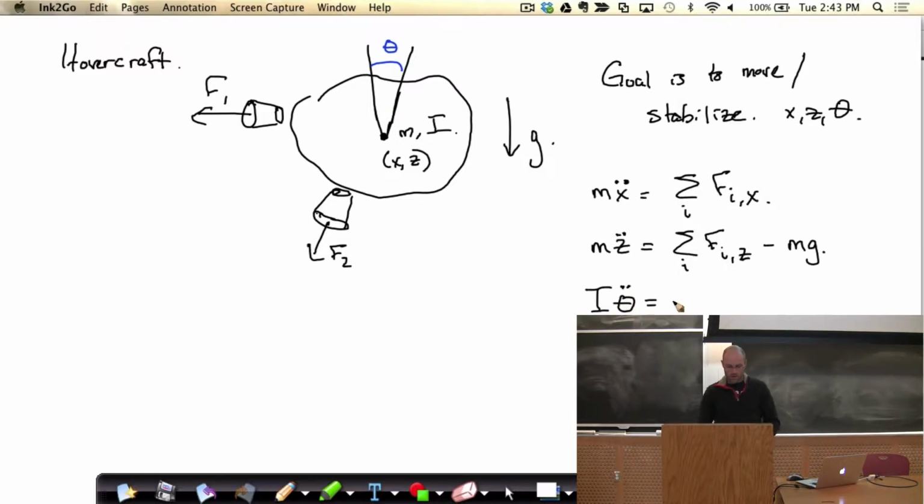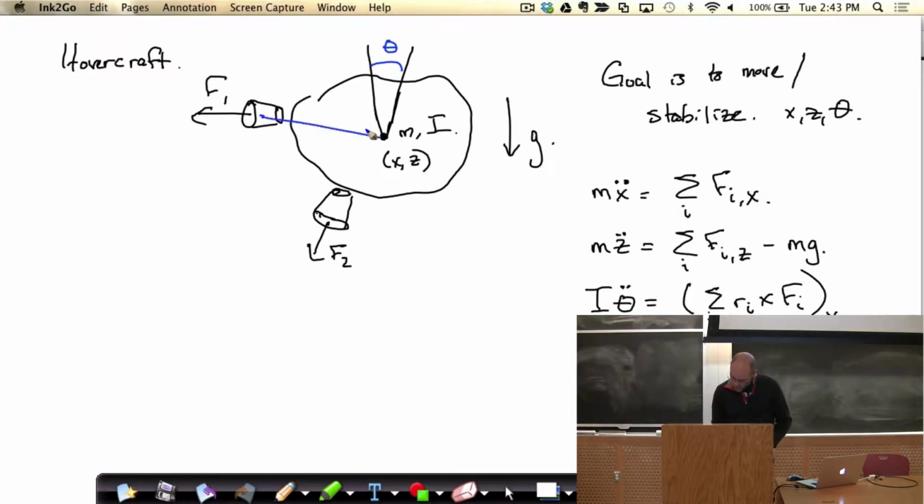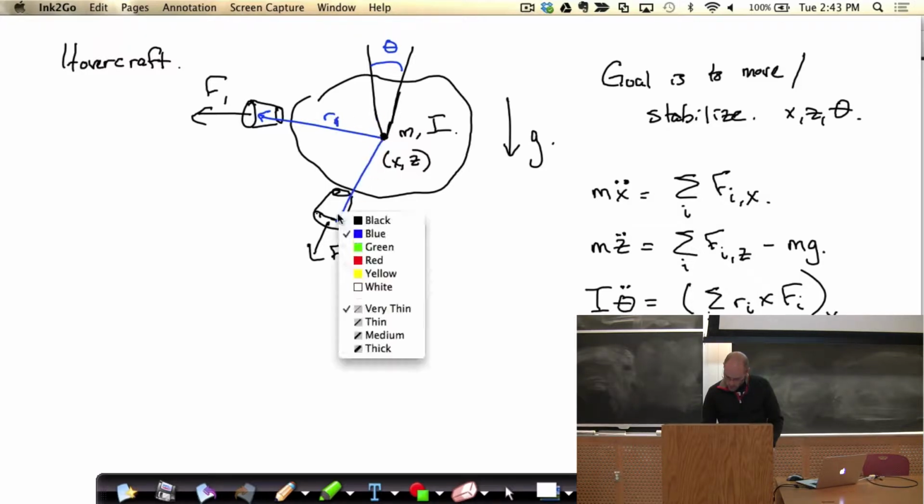my angular acceleration, the rate of change of angular momentum, which is going to look like Ri cross Fi, and the y component of that, if you will. So the thrust is happening at a vector Ri, R1, let's say, and R2.